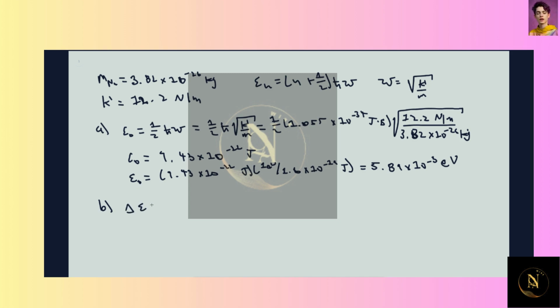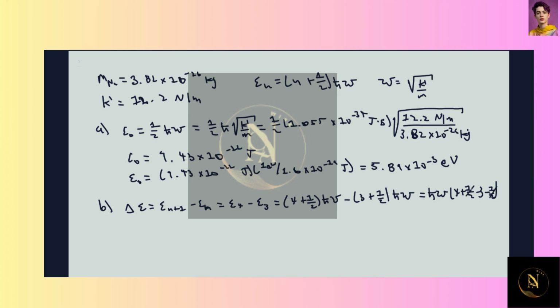So delta E is equal to E sub n plus 1 minus E sub n, which in this case is E sub 4 minus E sub 3, which is going to be equal to (4 plus 1/2) h bar omega minus (3 plus 1/2) h bar omega, which is equal to h bar omega times (4 plus 1/2 minus 3 minus 1/2).